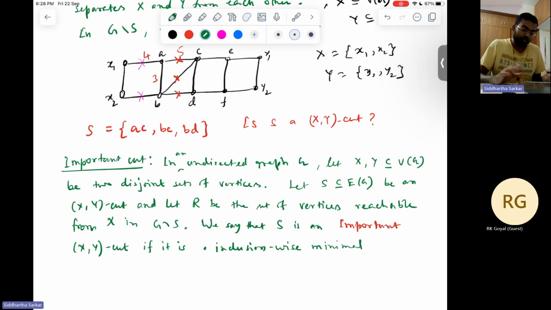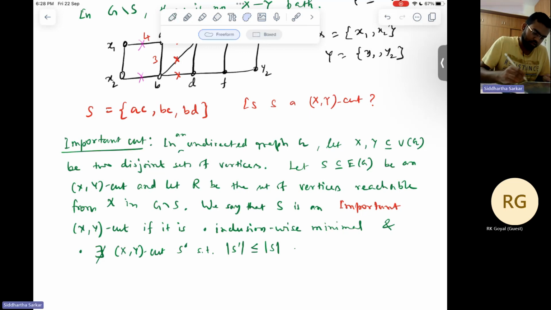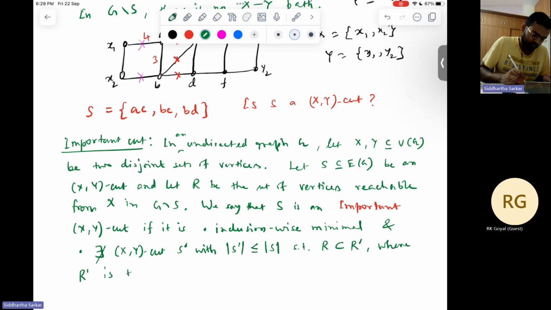It is inclusion-wise minimal, and there does not exist an X,Y cut S' such that there are at most |S| edges in S', with R a proper subset of R', where R' is the set of vertices reachable from X in G minus S'.